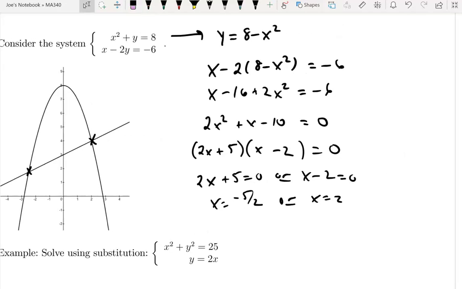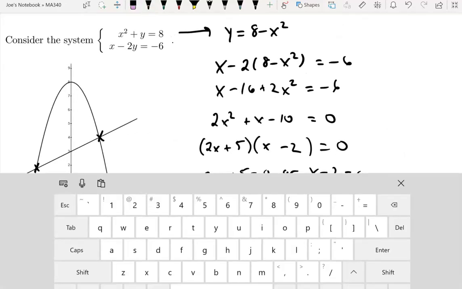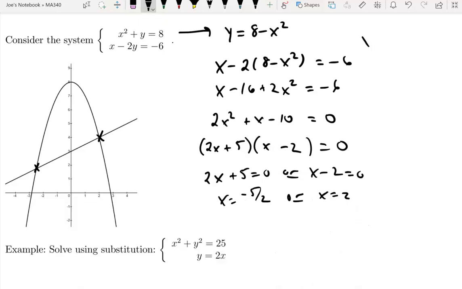So if we have x equals -5/2, then our y will be 8 minus (-5/2) squared. This will give me 25 over 4. 8 is 32 over 4.